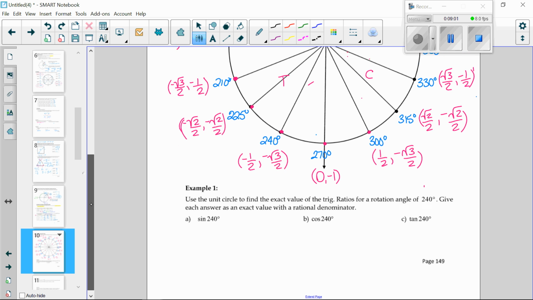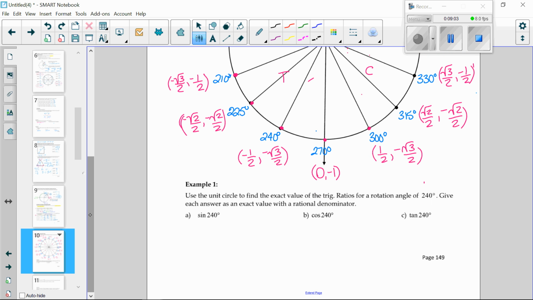So now let's take a look at an example. Use the unit circle to find the exact value of the trig ratios for a rotation angle of 240 degrees. Give each answer an exact value with a rational denominator. We're always rationalizing our denominators.